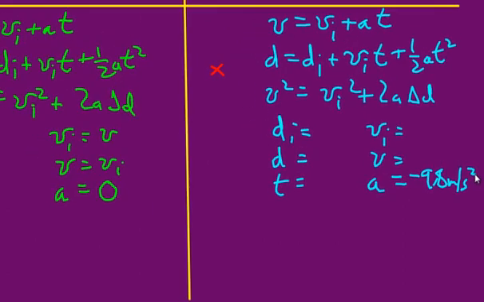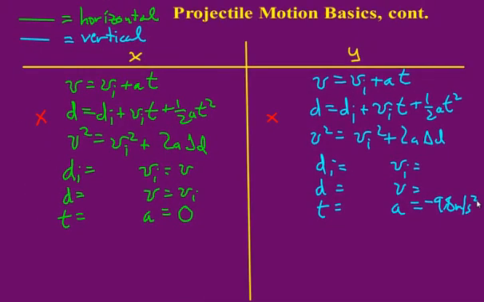The key to solving projectile motion problems is to recognize that there's only one variable that goes on both sides of these columns. There's only one variable that's the same on both sides. Can you guess which one it is?